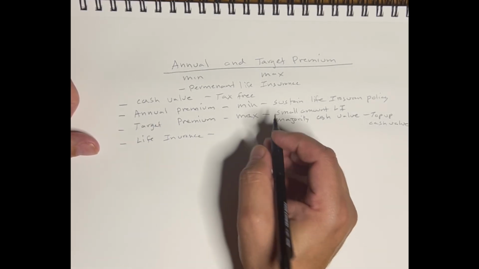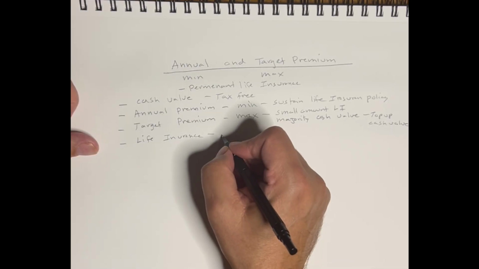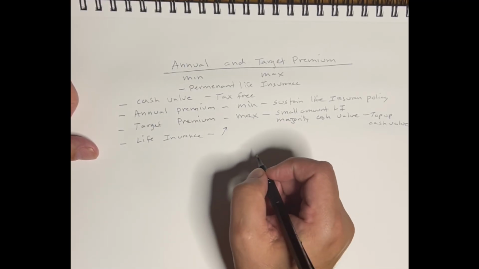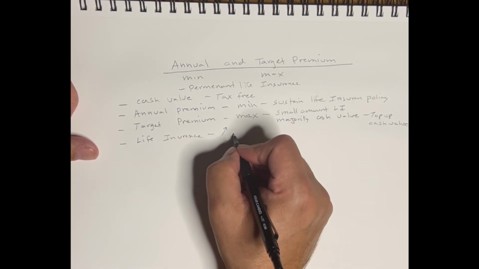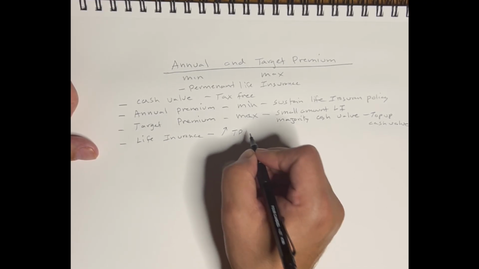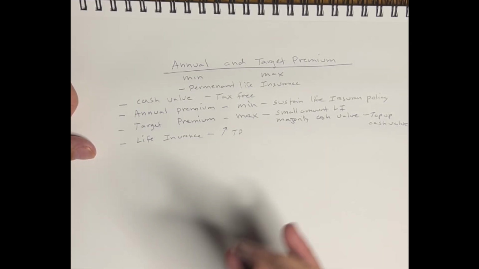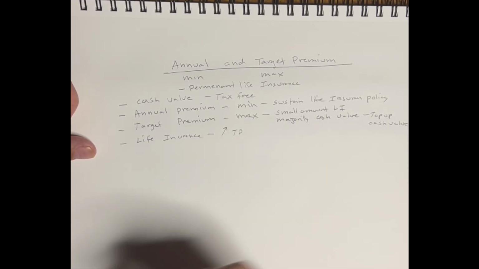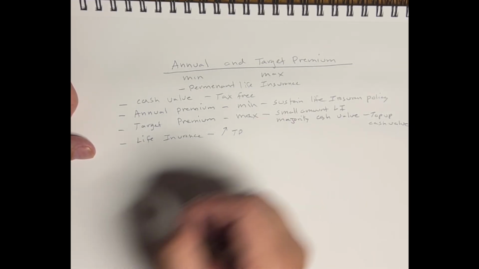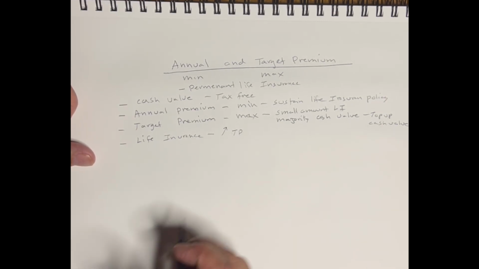The higher the amount of life insurance, the higher the target premium payment is. So the higher the amount of life insurance, the more money you can put into the cash value. I hope that makes sense, and I'll give an example of it in a second.